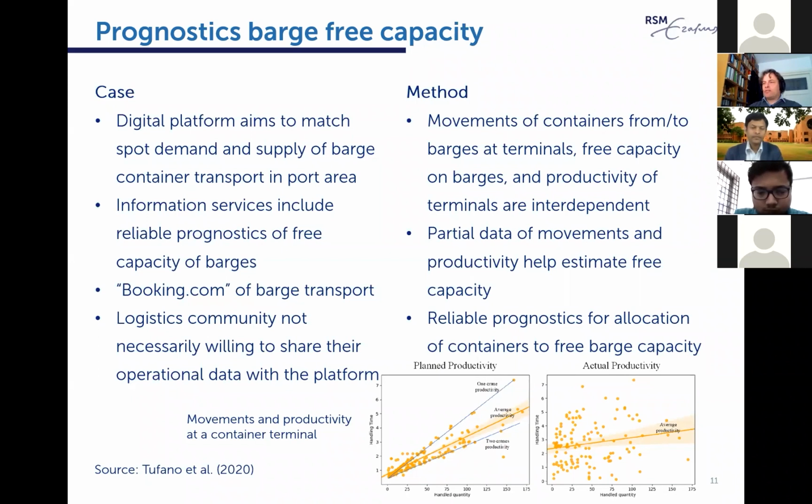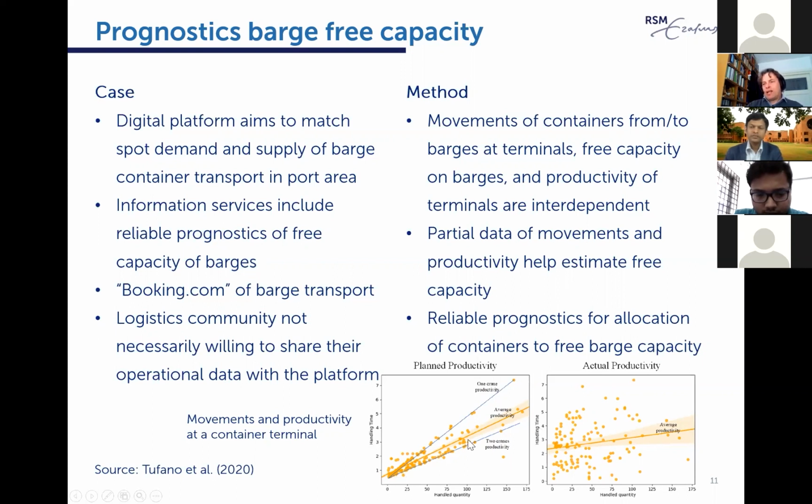container terminal productivity. So the figures below give you a bit of an understanding of how we are trying to understand, and maybe just as an illustration of how this worked. So these figures basically give a cloud of points that represent the relationship between the amount of containers handled and the amount of time it took to handle them, and let's say the nominal productivity of cranes.